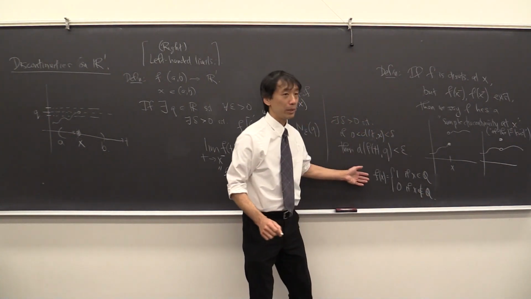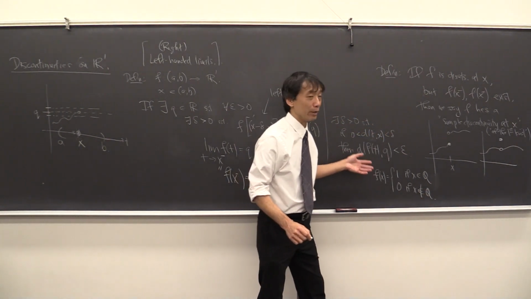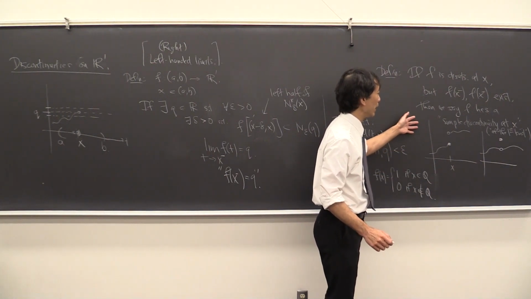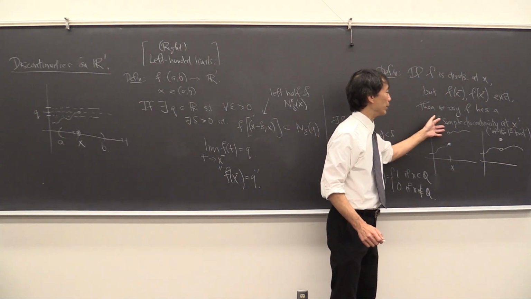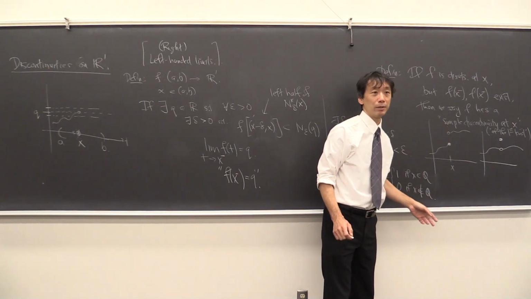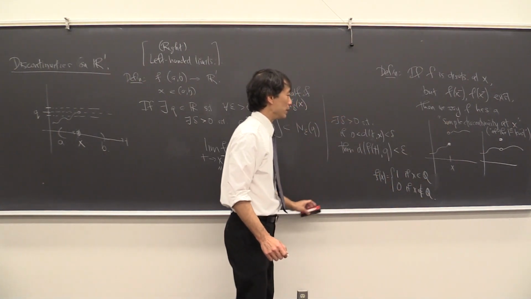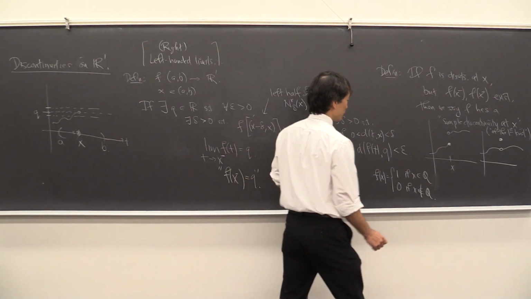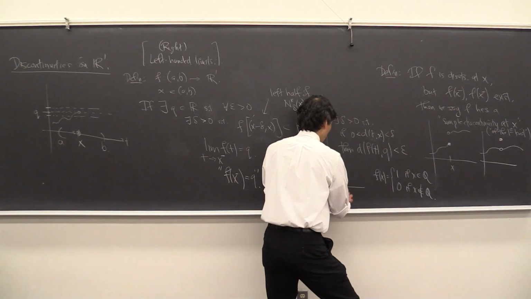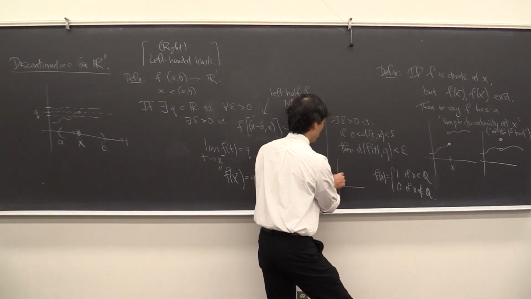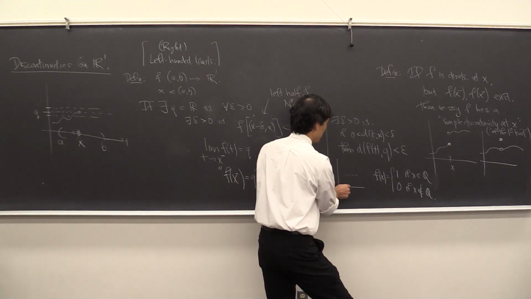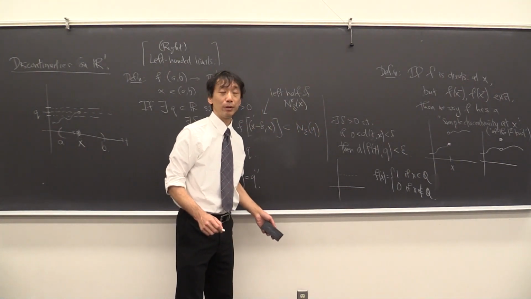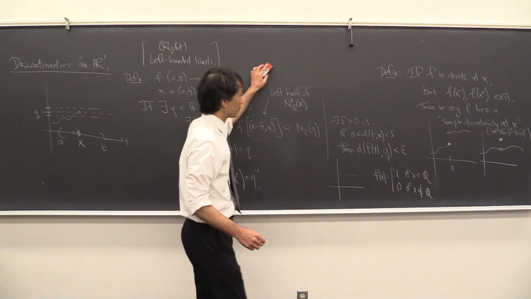Then that function is very discontinuous. It's discontinuous everywhere, and all of its discontinuities are of the second kind. No limits exist for this function, because at every rational number it takes the value 1, at every irrational number it takes the value 0, so it just jumps back and forth wildly.